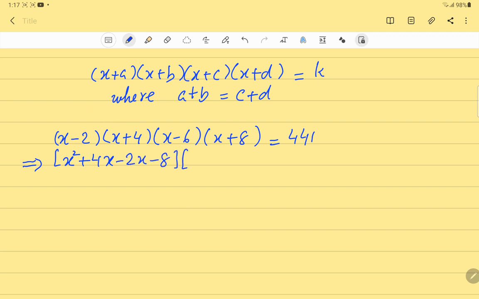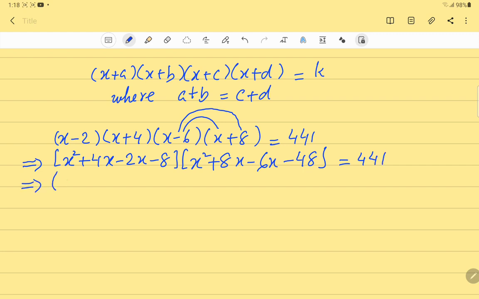Now we go to the second bracket and perform the same operation. x will be multiplied with x and x will be multiplied with 8, so it is x squared plus 8x. Then minus 6 will be multiplied with x and minus 6 will be multiplied with 8, so minus 6x and minus 48. Bracket close, and it is equal to 441.